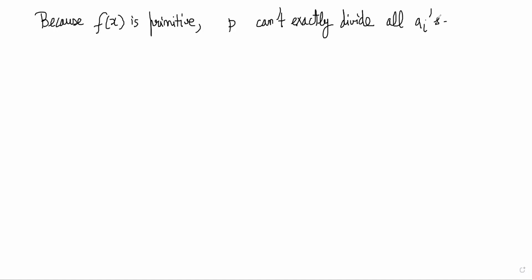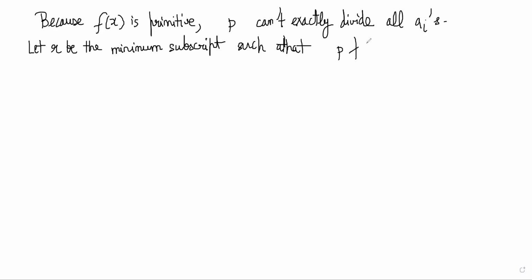But we know that f of x is primitive, so the GCD of all the coefficients is actually 1, right? So we will say let r be the minimum subscript, the smallest subscript, such that p does not divide a r, right?